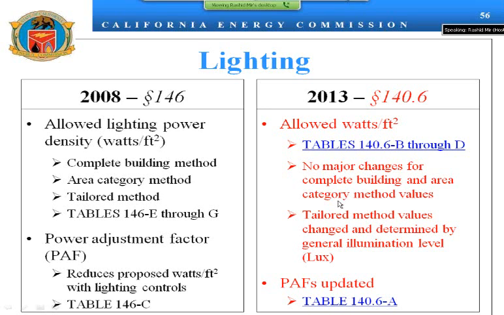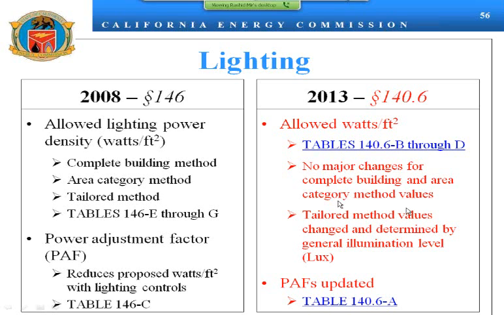Moving forward, in the requirements in 140.6, there were no real major changes in regards to the allowed watts per square foot. The one significant change is that the nomenclature has changed. The tables are different now. They're in 140.6-B through 140.6-D, and the power adjustment factor table was updated in 140.6-A.